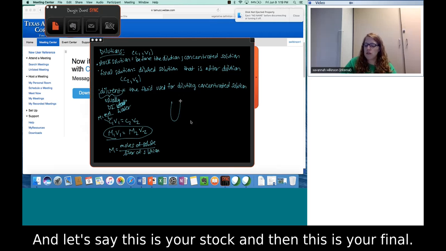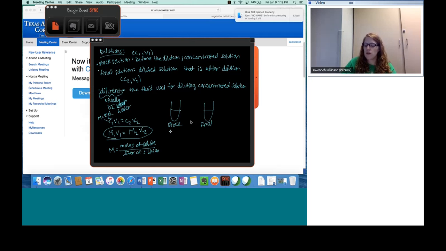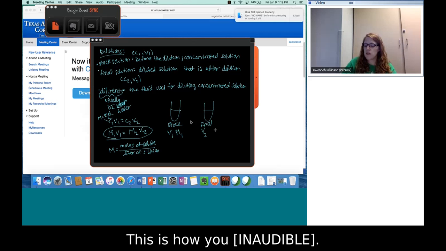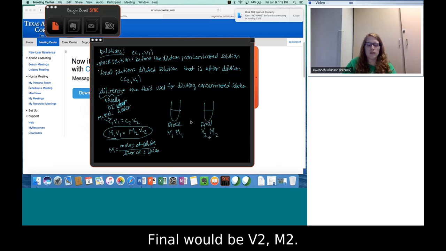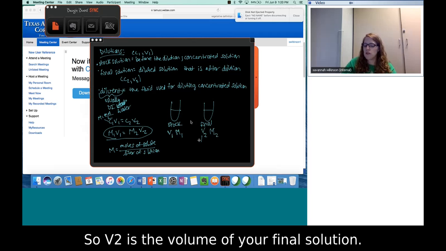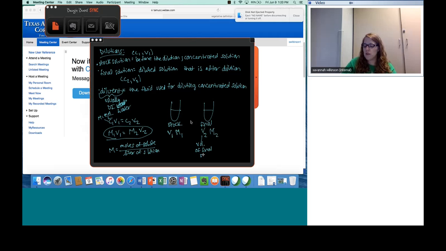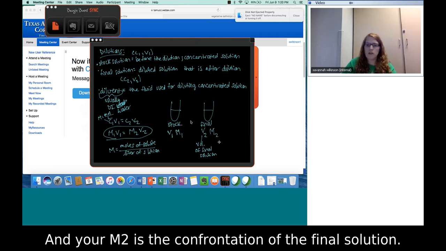And let's say this is your stock, and then this is your final. This is how you would label. This would be your stock, your V1 M1. Final would be V2 M2. The V2 is the volume of your final solution, and your M2 is the concentration of the final solution.